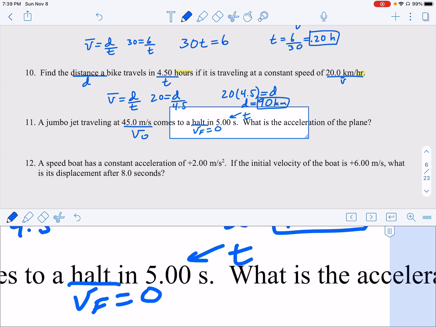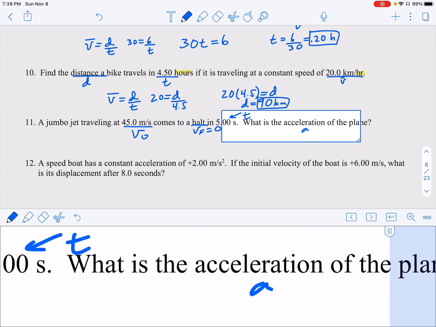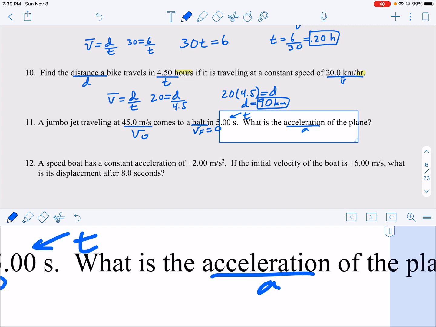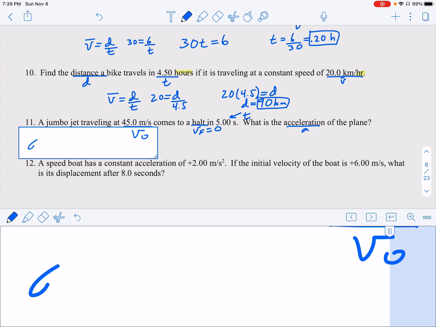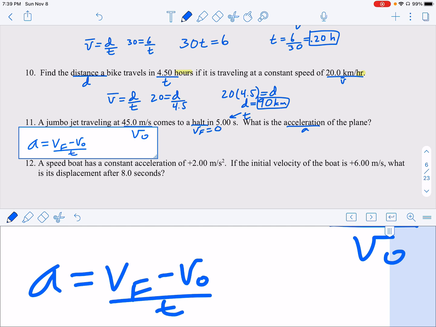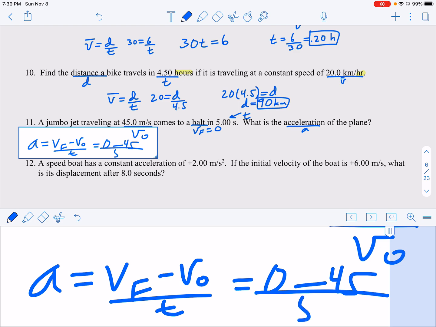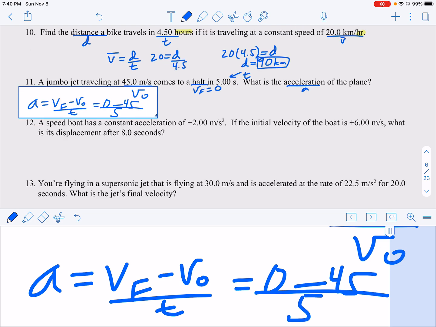What is the acceleration of the plane? Very straightforward. Use your equations, VF minus VO over T on your equation sheet. So VF is 0, VO is 45, and the time is in seconds, matching the velocity.